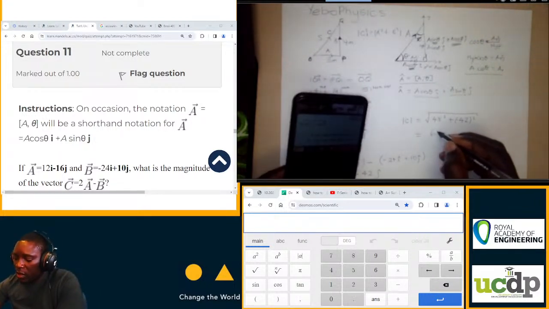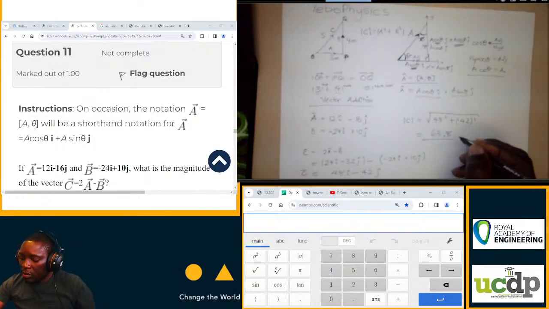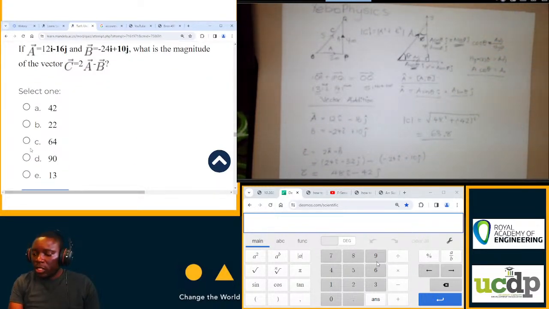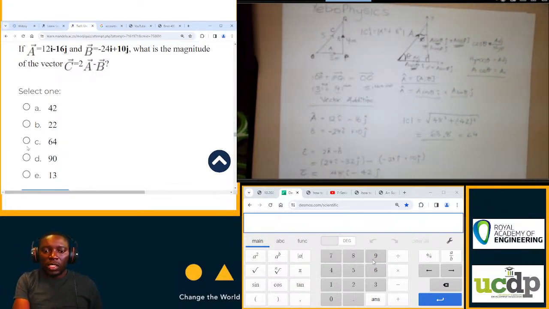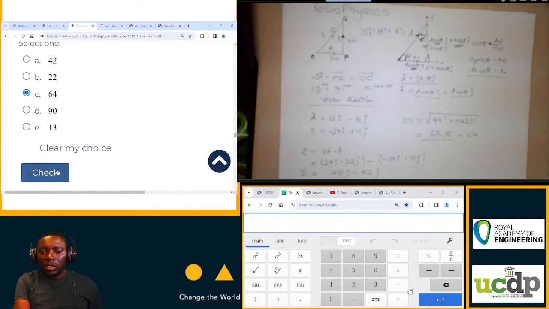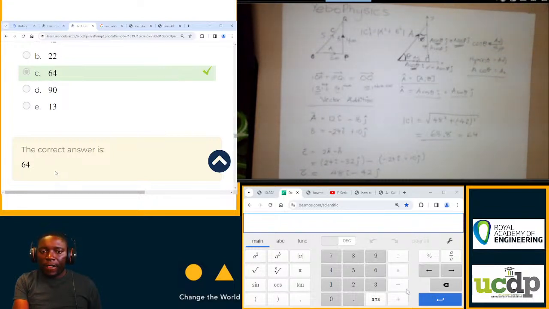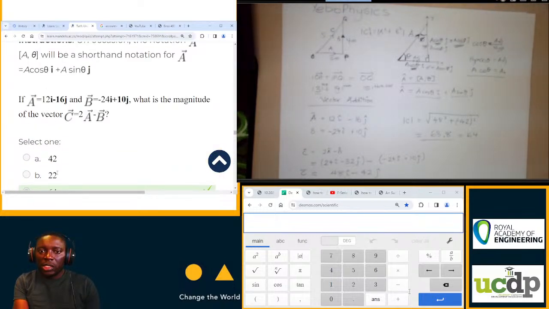That gives us 63.8 for magnitude. So that magnitude, 63.8, is approximately equal to 64. So we'll take 64 for our magnitude. There are no units there, so we'll just stick to that. And that's 64.